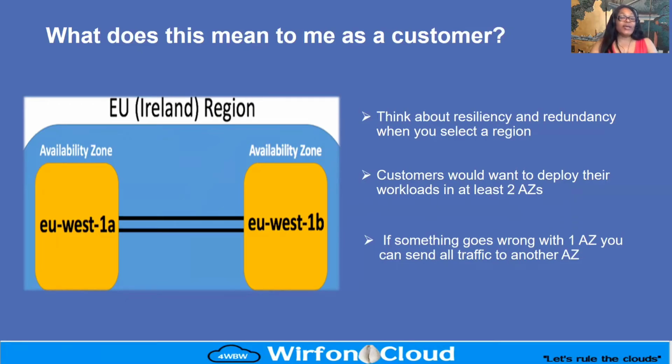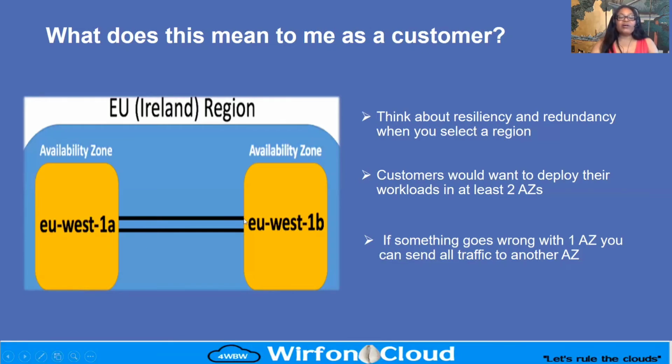And so as a best practice in AWS, most customers would want to have their workloads deployed in at least 2 availability zones. And you can see here on this graph, 2 availability zones, 1A and 1B. This simply means that if AZ1A goes down, you can direct your traffic to AZ1B.